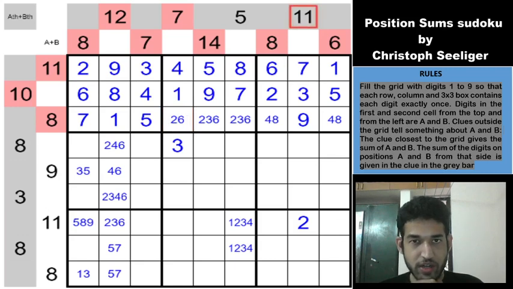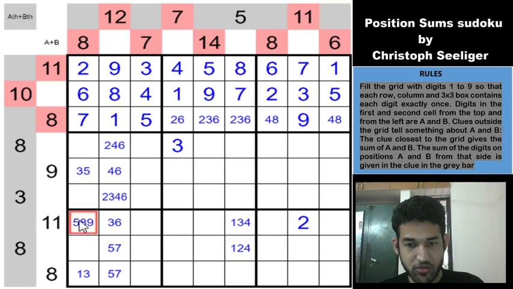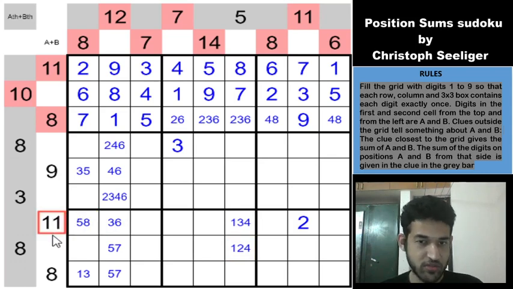Okay, this clue is also done now. We take that off. So you don't have a 2 in row 7. So this is not a 2, this is not a 2. Correspondingly, when you remove a 2, 3 can't be here. And when you remove 2, 9 can't be here for the 11 clue.